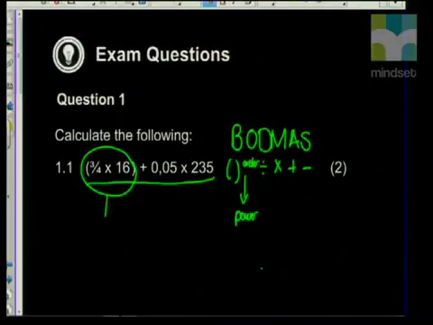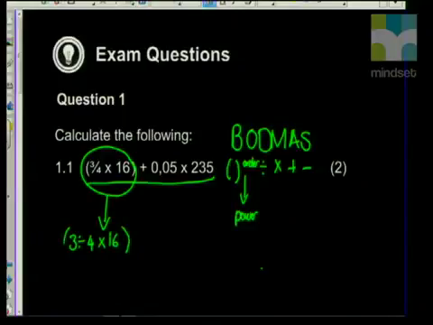If I had to type this onto my calculator, I would type it as 3, and I don't have an over button for a fraction on my basic calculator, so I need to remember that if it's 3 over 4, it means 3 divided by 4, and then times by 16.